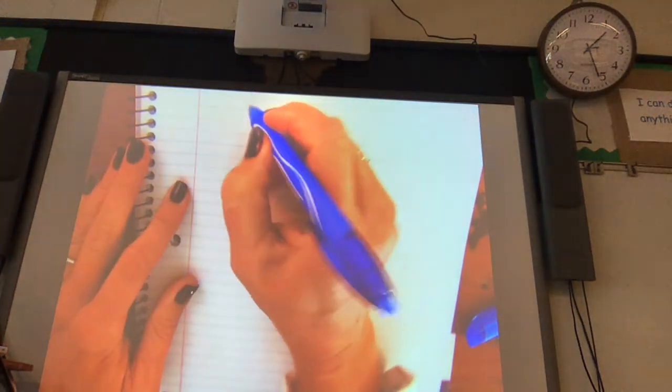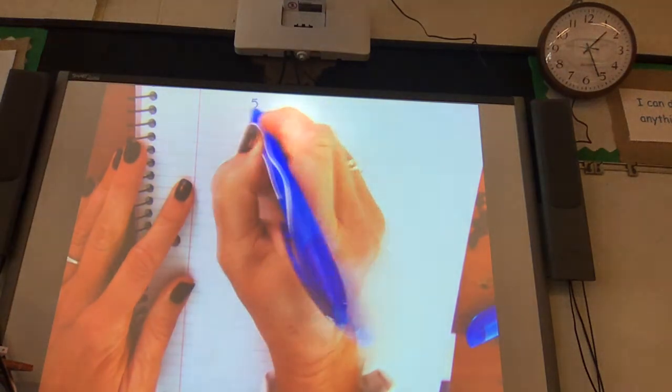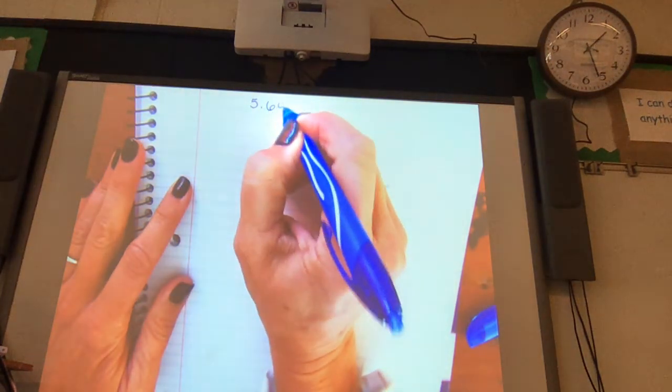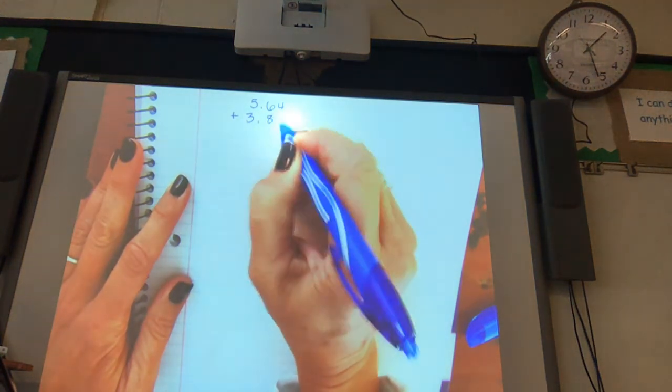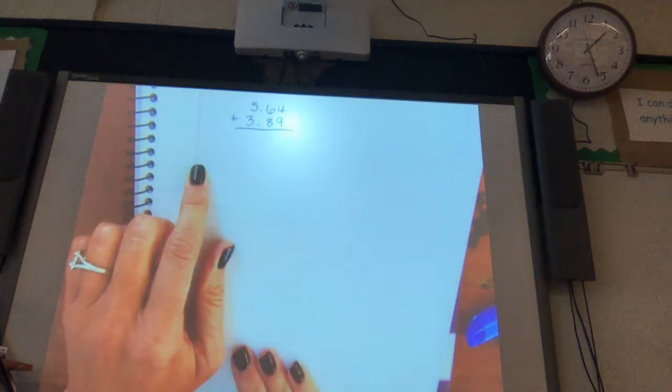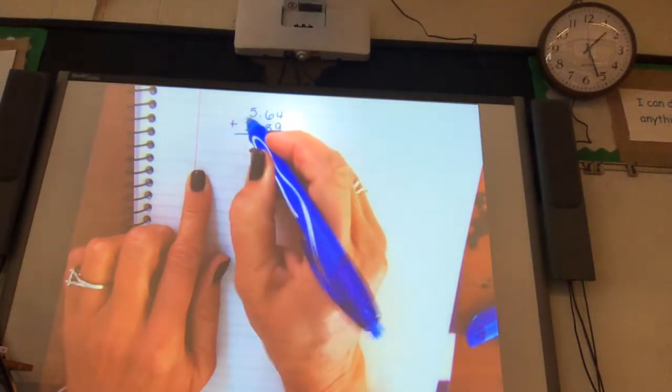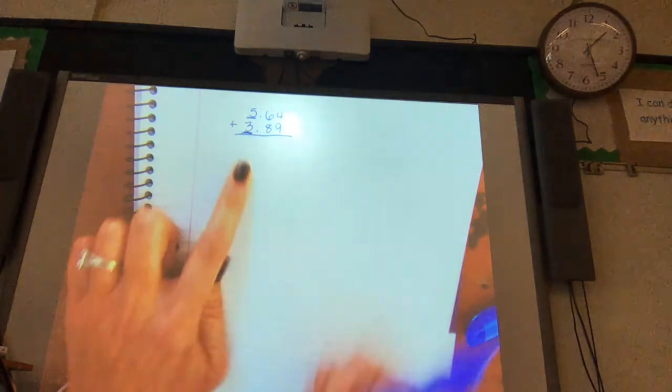So in a problem like this, 5 and 64 hundredths plus 3 and 89 hundredths. The greatest place is the ones place, the place farthest to the left.